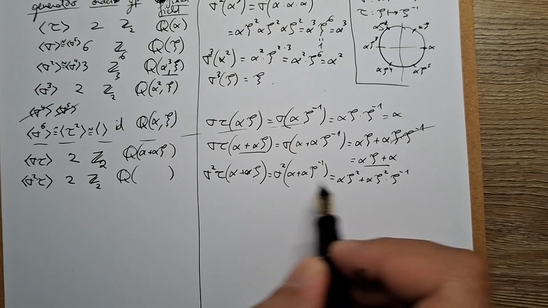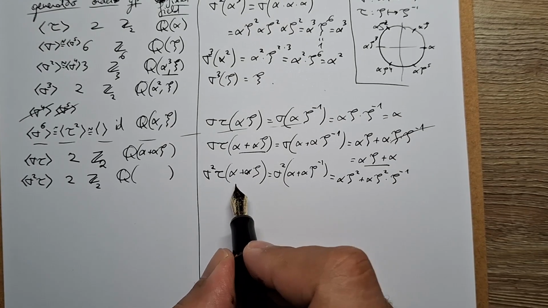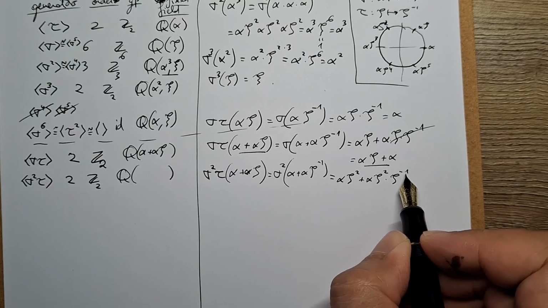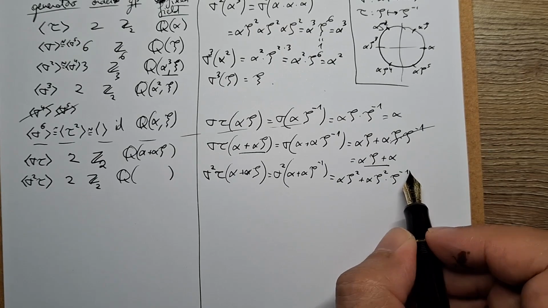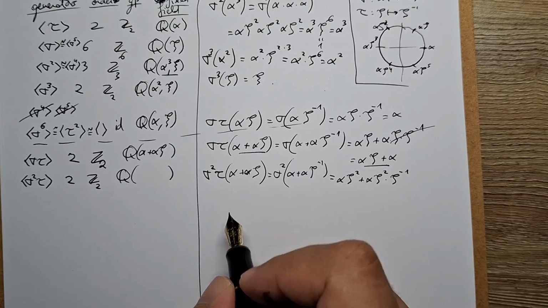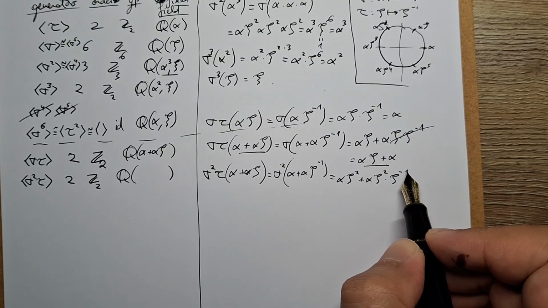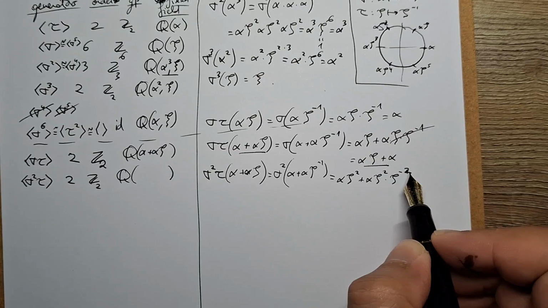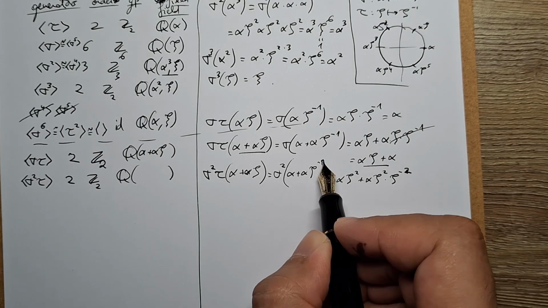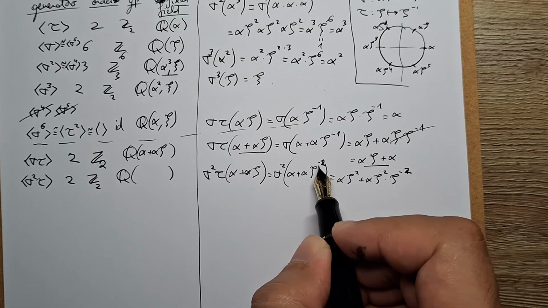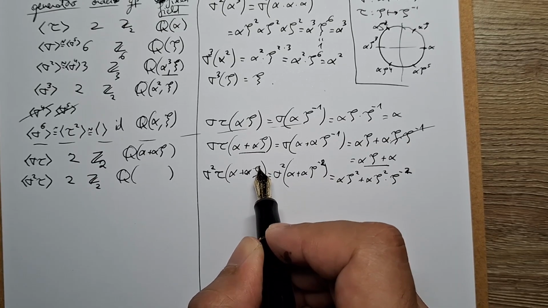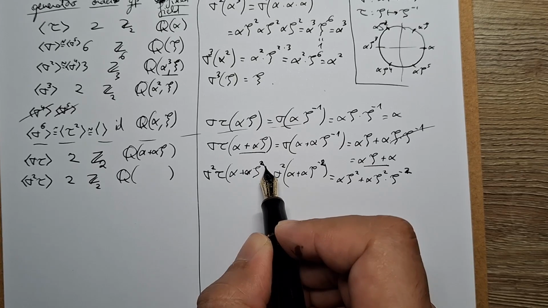Now, this is not the same as this one, but what we can see is that if we had here -2, then this will cancel out and we will have something similar to the initial shape. So what about if we put here -2? This should come from here having -2. And having a -2 here means that when we apply tau, we are applying it to theta to the power of 2.